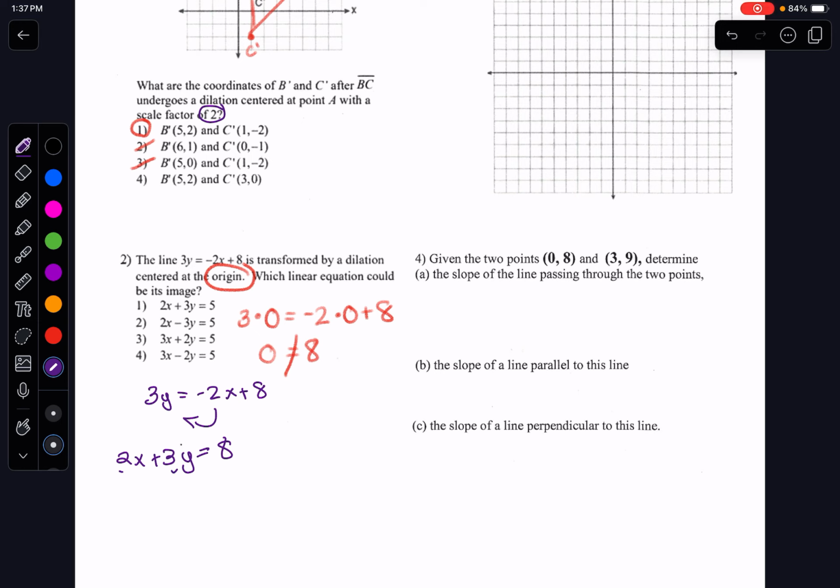So I can eliminate 2, 3 and 4 right away because there's a minus. And now I'm looking at 2x plus 3y. So this is going to be my answer, because if you convert it to slope-intercept form, the only thing that will be different about these two will be your intercept, not your slope. And remember, when you dilate a line, the resulting image has to be parallel.